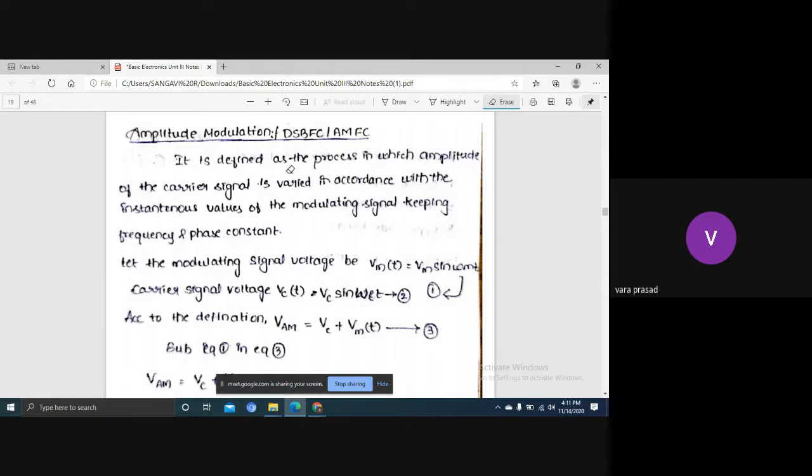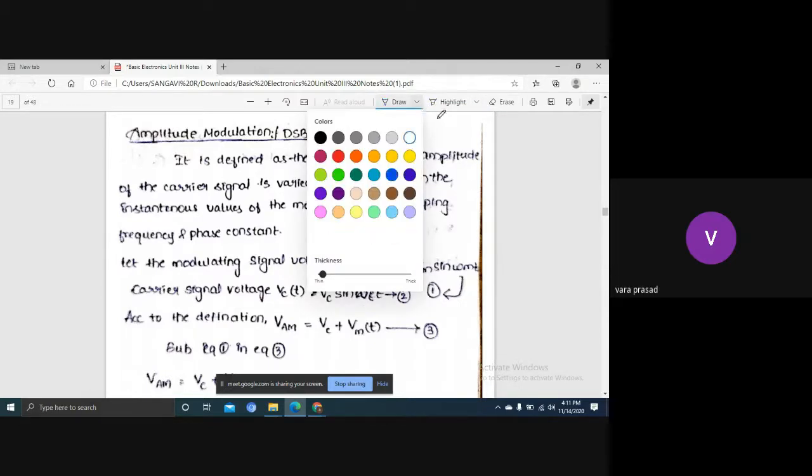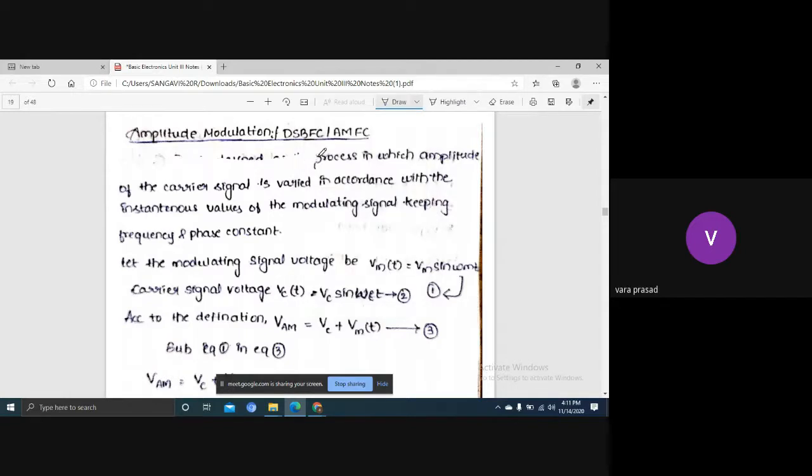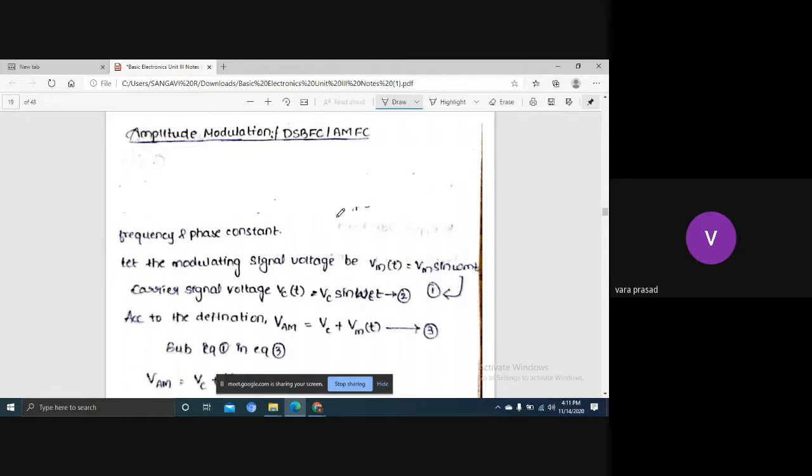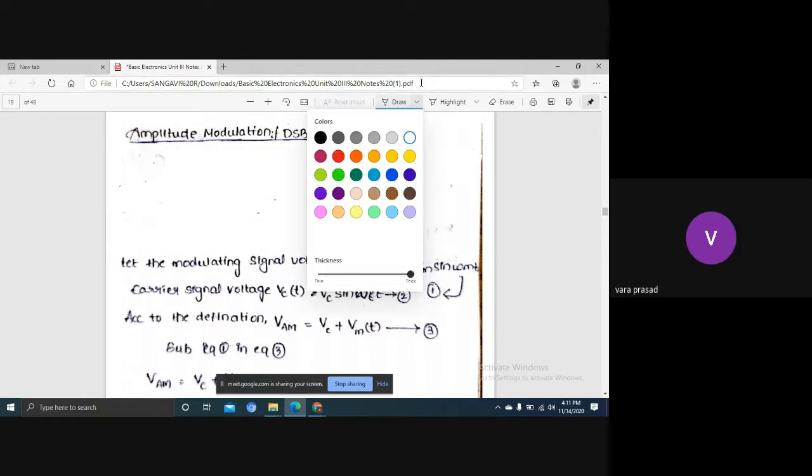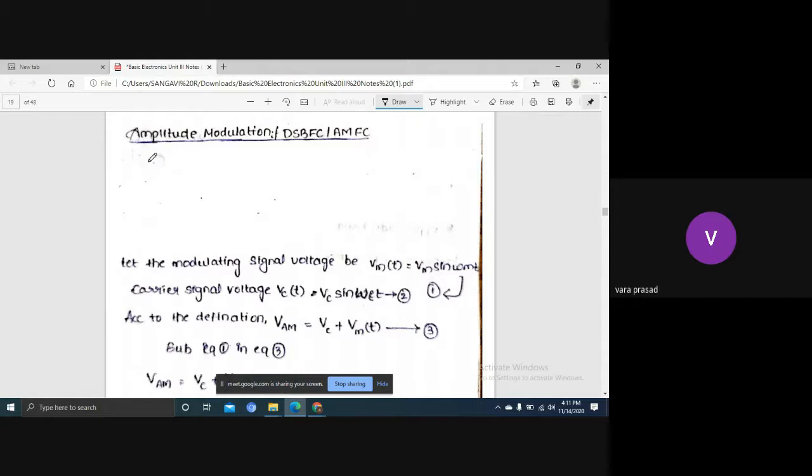It is defined as a process by which amplitude. I will give a very simple definition. The simple definition is the process in amplitude of carrier signal.